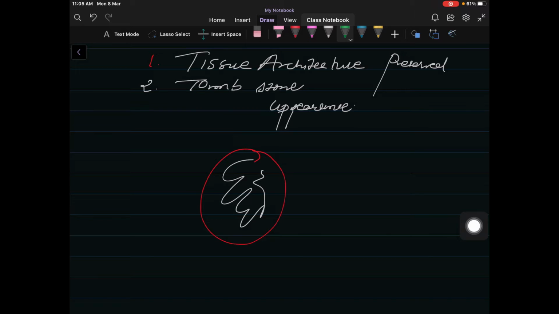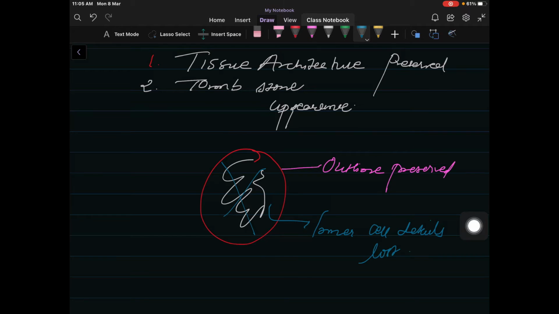But in coagulative necrosis, we know the outline is preserved but the inner cell details are lost. So this is the ghost cell. Only the outline is preserved, but there is nothing inside the cell.